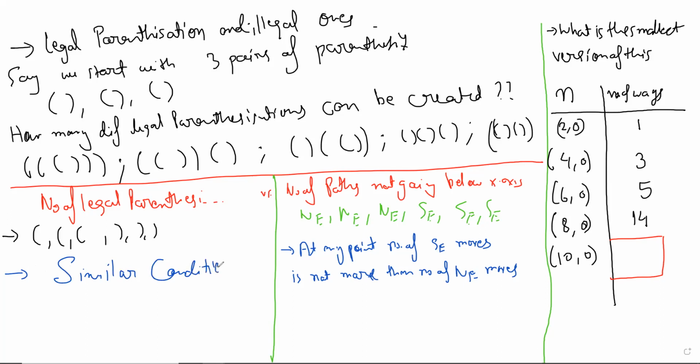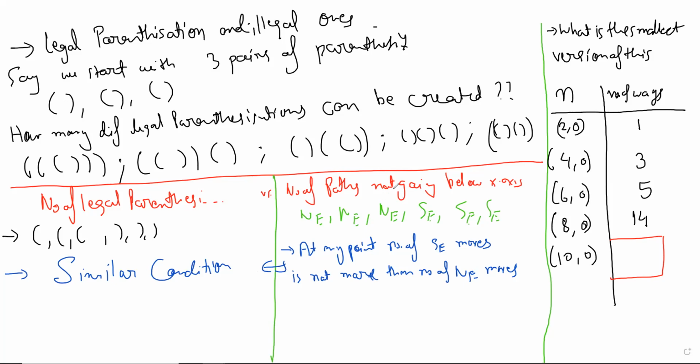There's literally no difference between these two things, apart from the naming: in this world we call them open parentheses, in that world northeast; in this world close parentheses, in that world southeast moves. Just a different name, but the essence is the same.